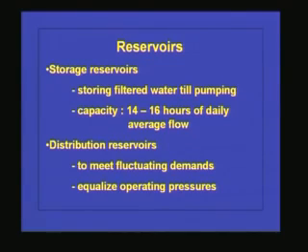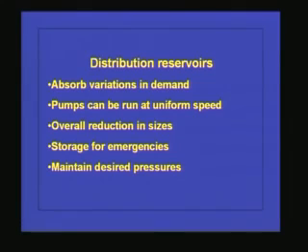Then we also have distribution reservoirs. The distribution reservoirs are meant to meet fluctuating demands. They are also meant for equalizing operating pressures. First of all, in any distribution network, the flow rates in the system are going to vary even on an hourly basis, sometimes even on a minute basis.